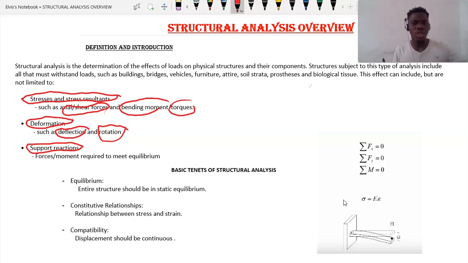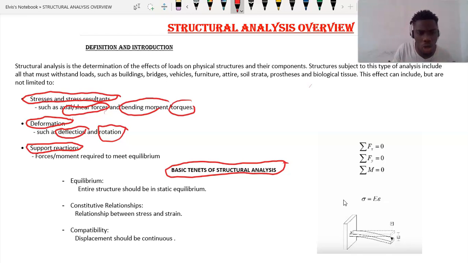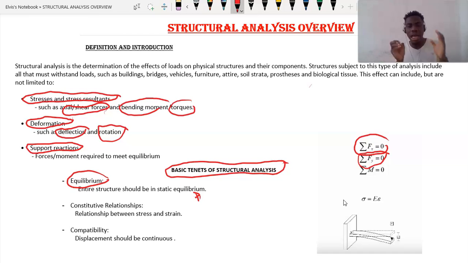Now, how do we go about this? We need to make sure that the structure is always at equilibrium. The summation of the forces in the X direction or the X axis needs to be equal to 0, and the summation of the forces in the Y axis needs to be equal to 0, and the summation of the moments produced needs to be equal to 0 in order for this structure to be at equilibrium.